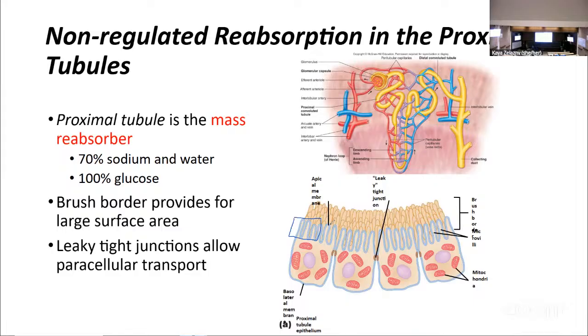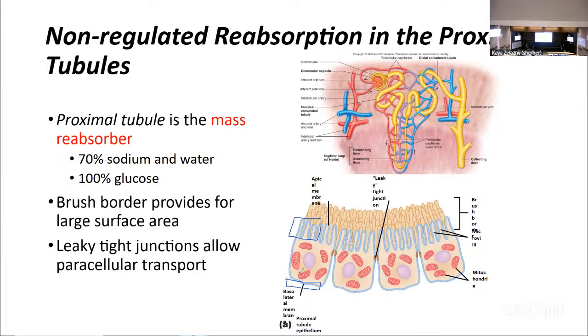And what all these projections are, a bunch of microvilli making up our brush border. So you can see how it looks kind of like a hairbrush up at the top here. So just a reminder about how we name sides of a cell, as this is going to be important as we're looking at these diagrams. The bottom here is our basolateral membrane. So lateral, sneaking up a little bit up the sides. And that's where our bloodstream is going to be. So those peritubular capillaries are going to be on that flat side.